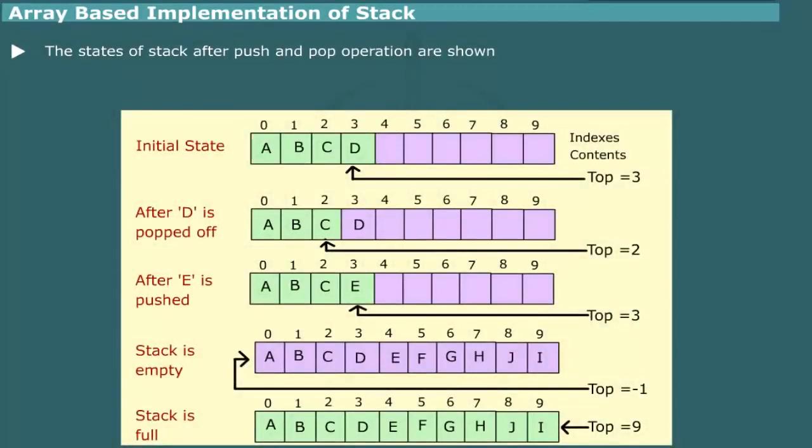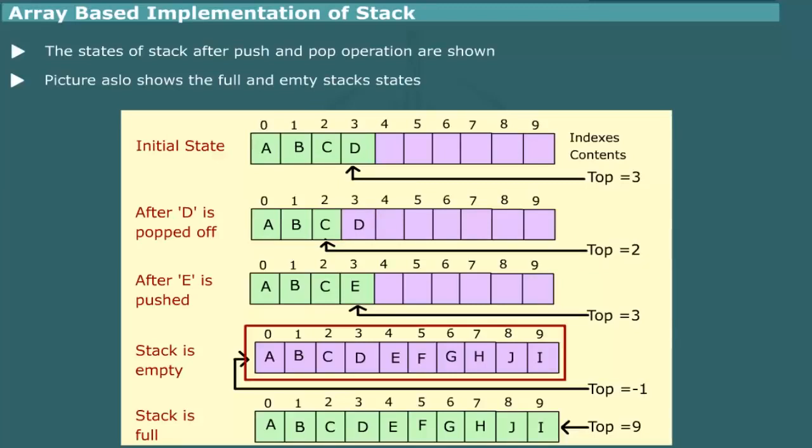An array representation of stack is shown on screen, which can hold 10 stack items. Initially, the stack contains 4 elements A, B, C, and D. The variable top holds the index value 3. When an item is removed, the index value is decreased to 2. The figure also shows the empty and full states of the stack.